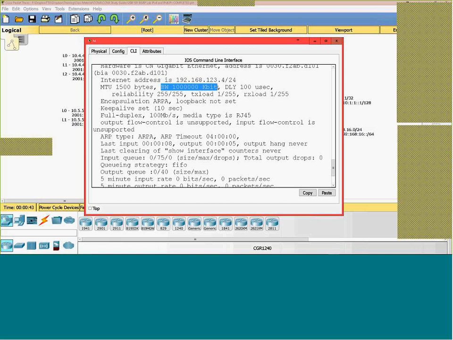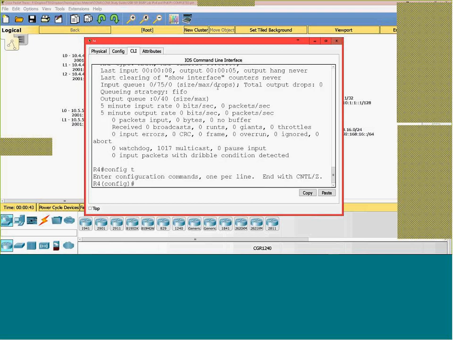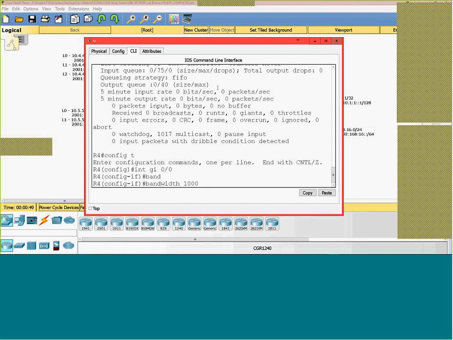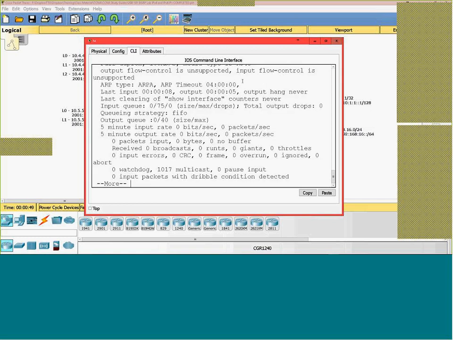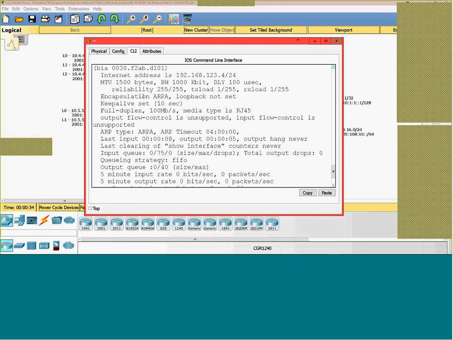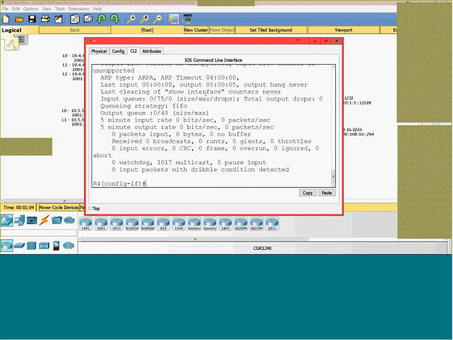Now, if I come into my interface, config t, interface gig 0/0, and I type in bandwidth 1000, do show interface gig 0/0, it should change to 1000. And sure enough, it did. Simple, right? Now, that doesn't mean I made my gig interface a meg. Again, it just changes how it's being evaluated.